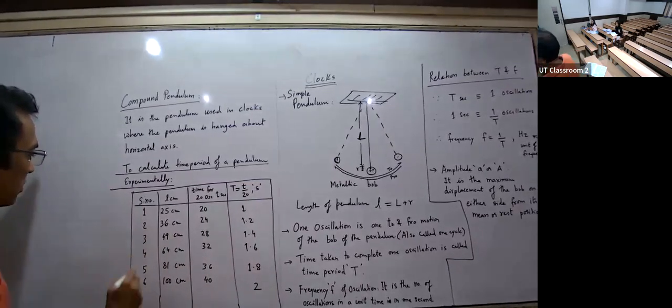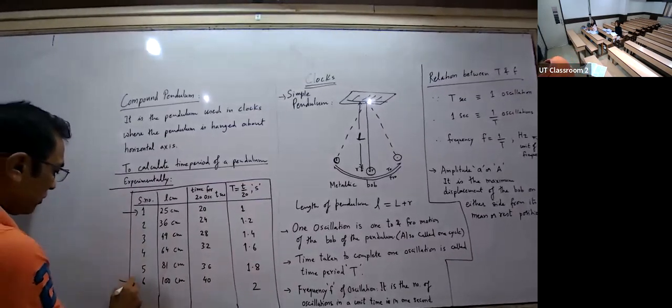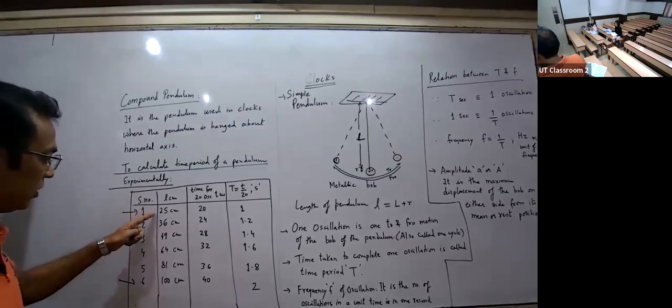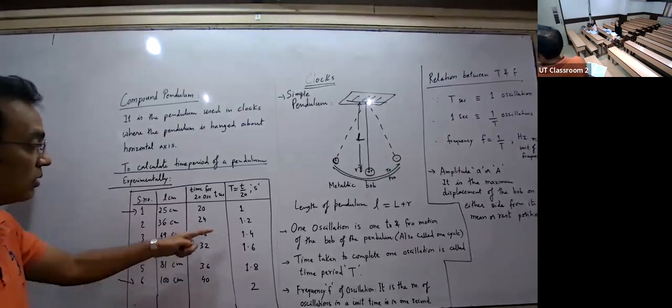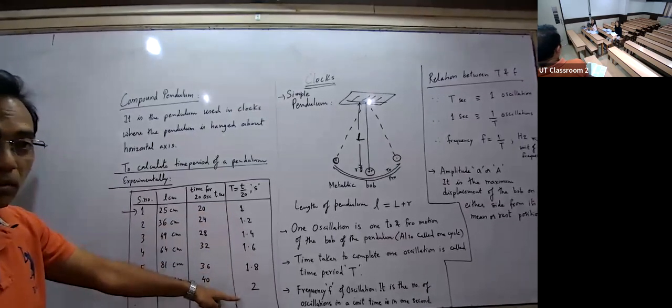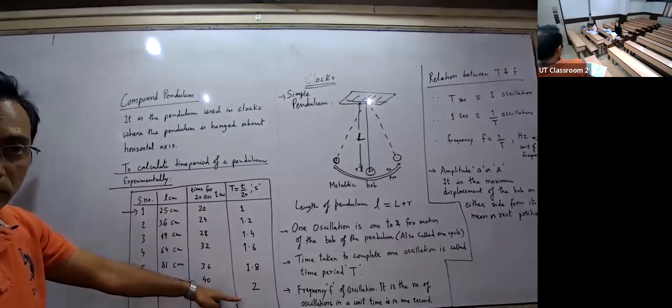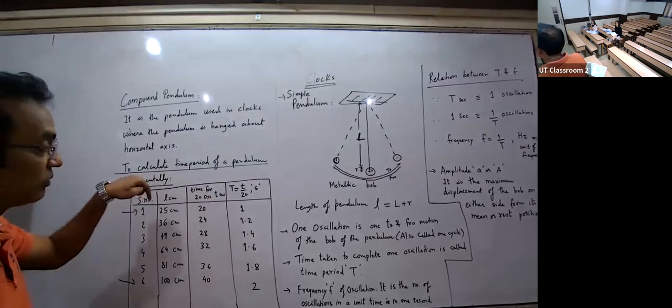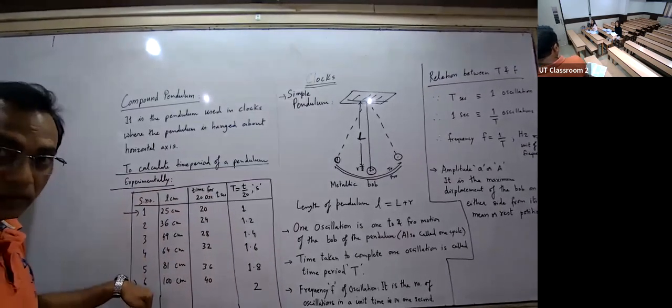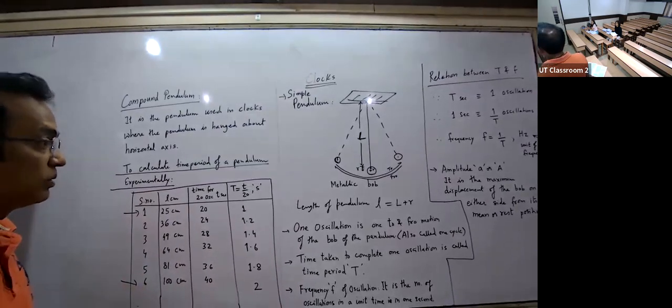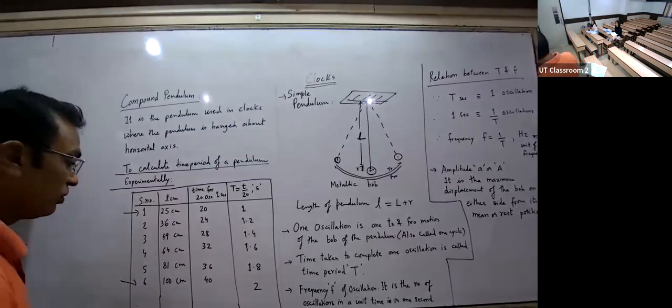See the first and last value. When the length is 4 times, the time is doubled. So the time period of the pendulum is dependent on the length. There is a relation. What is the relation now?